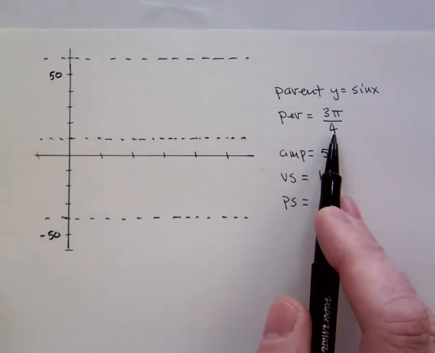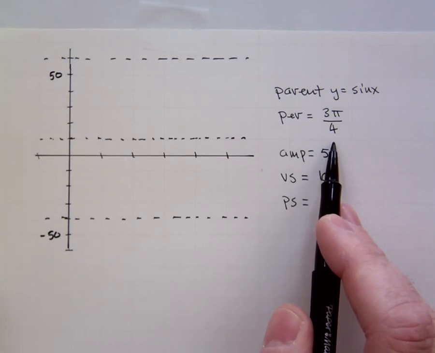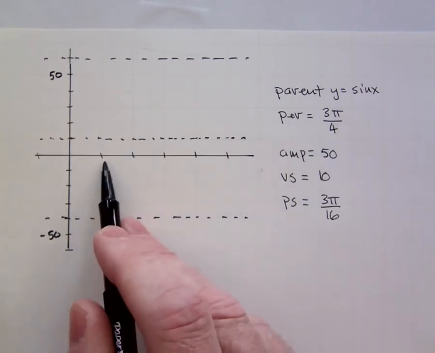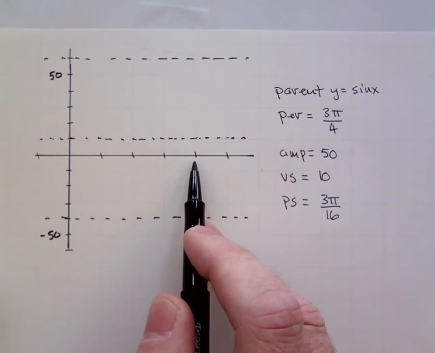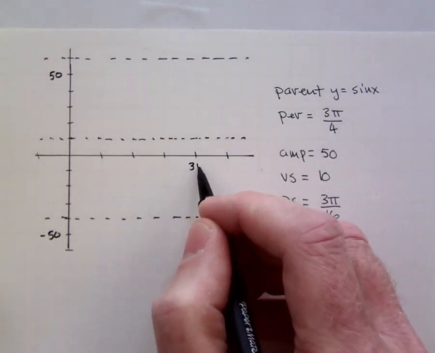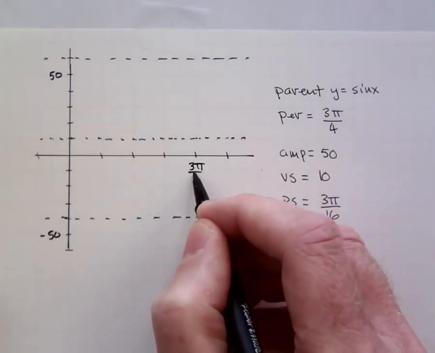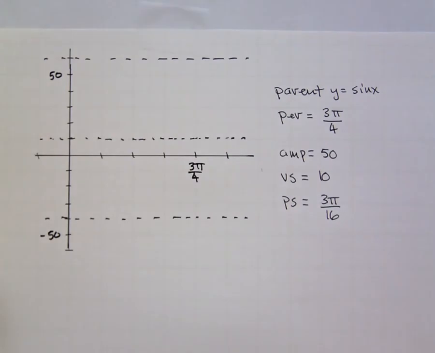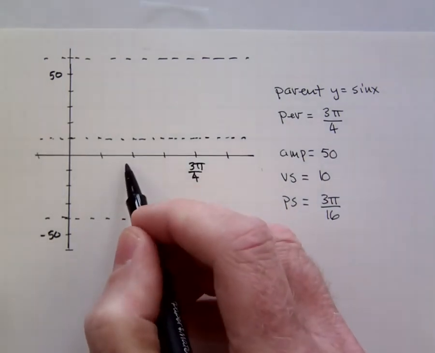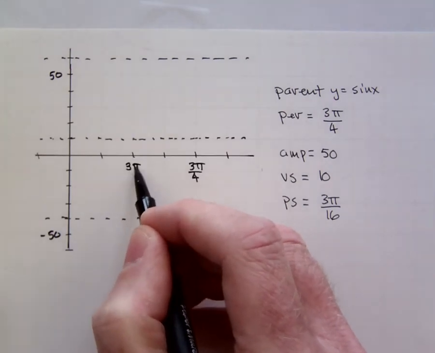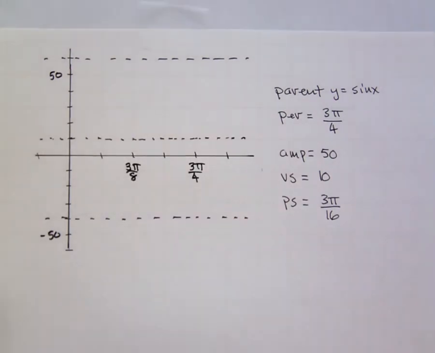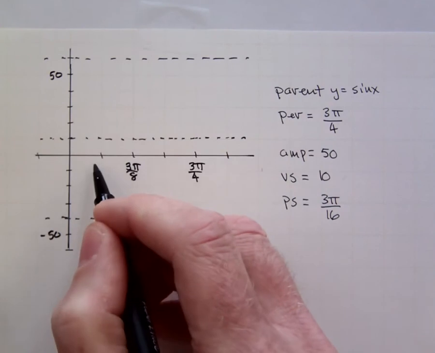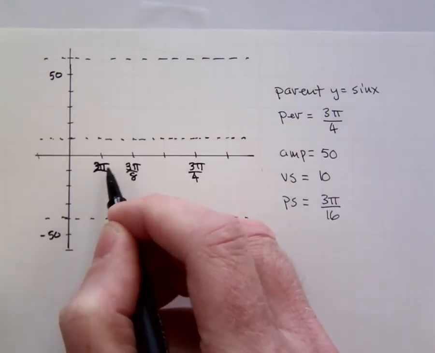My period is 3 pi over 4, and I think we'll employ the method we did in the previous example, which is to just mark off 4 equal subintervals and label that fourth one as the period. So that's 3 pi over 4. If I cut that in half, half of 3 pi over 4 is going to be 3 pi over 8. Half of 3 pi over 8 is going to be 3 pi over 16.